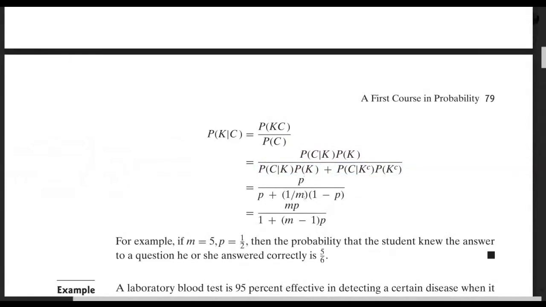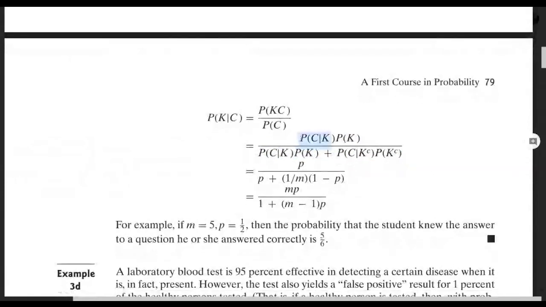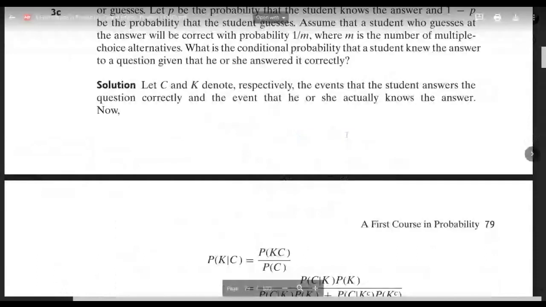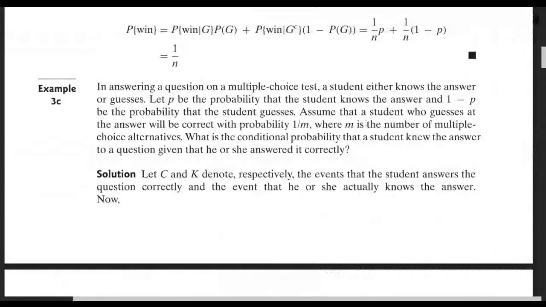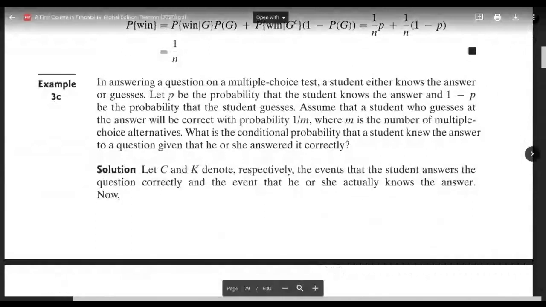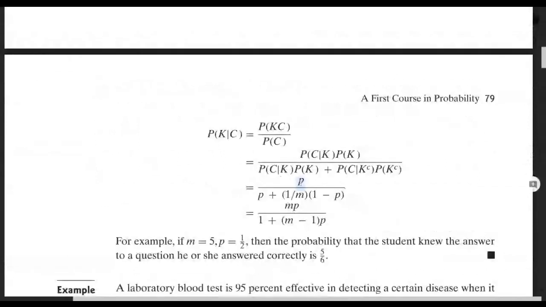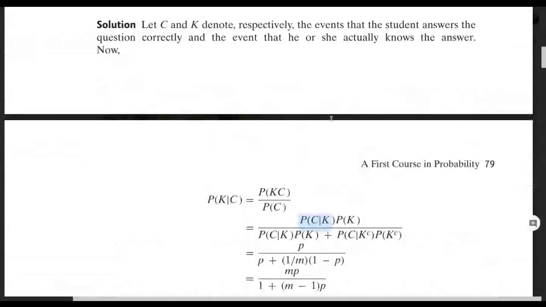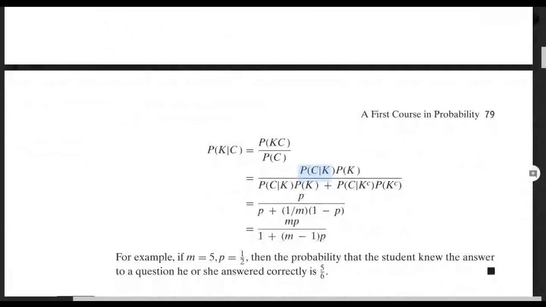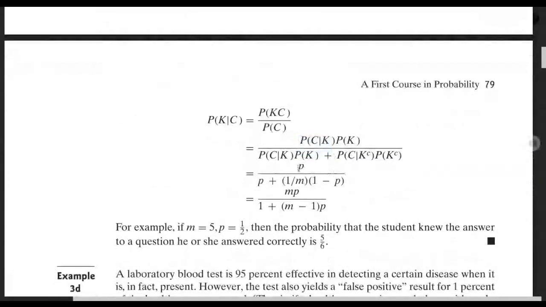So then the numerator: the probability she knew. P is the probability that they know the answer, so that's P. What's the probability that she answers correctly given she knew the answer? That's 100%. Then that's P. Those two are the same.